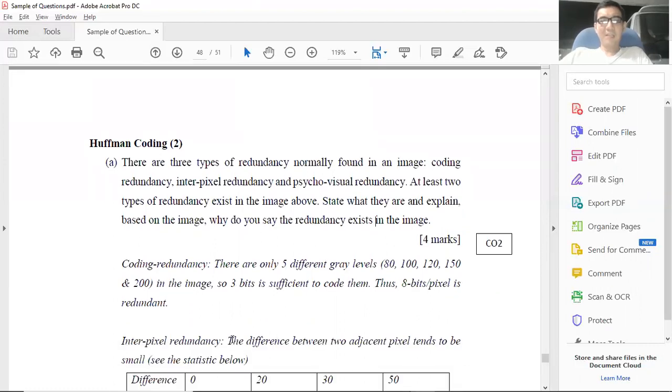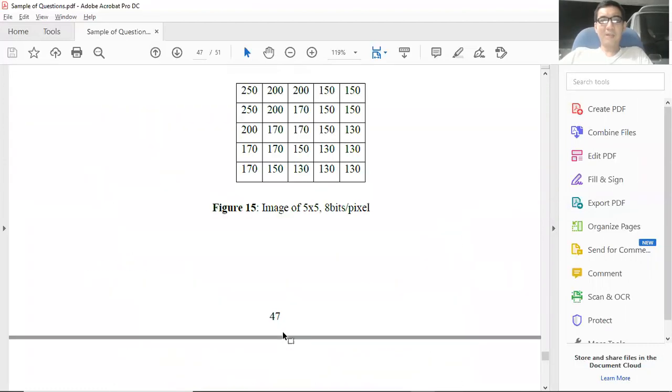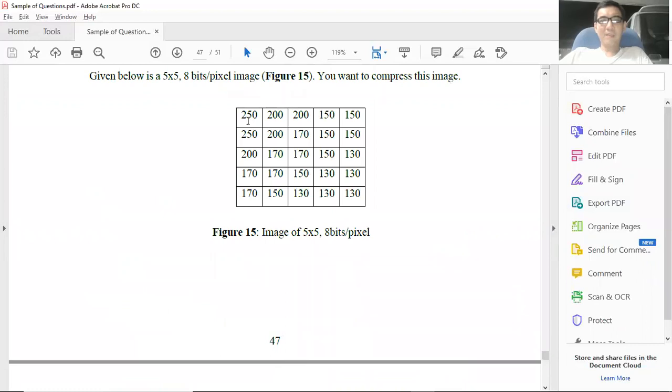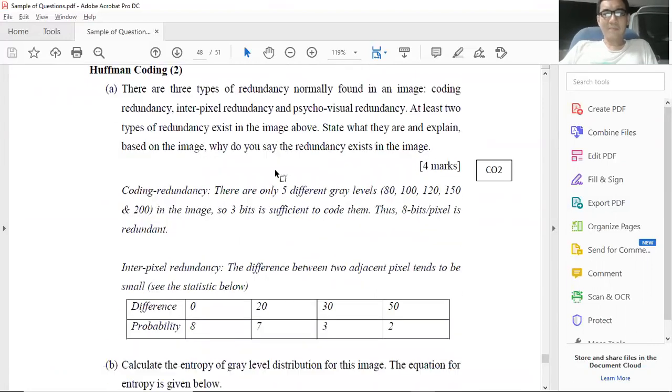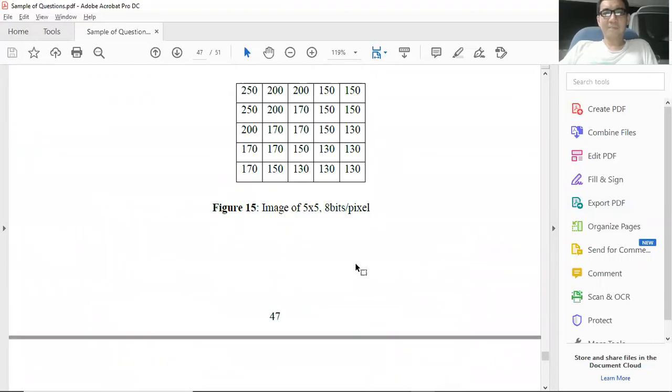Another one is interpixel redundancy, and if you look at it, the neighboring pixels tend to be similar. All right, so you can try to look at their histogram. So 0 difference between the 2 adjacent pixels. There are 8 of them.